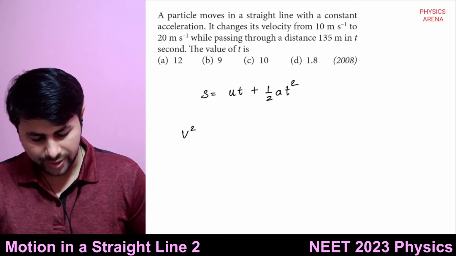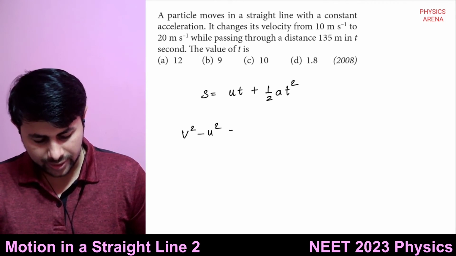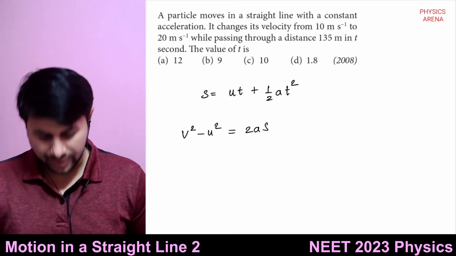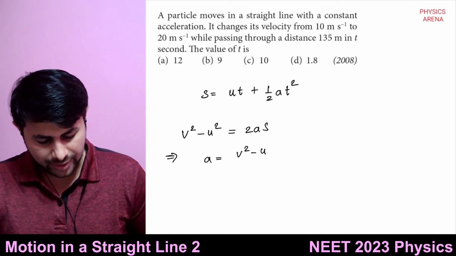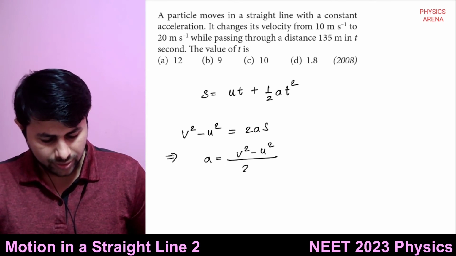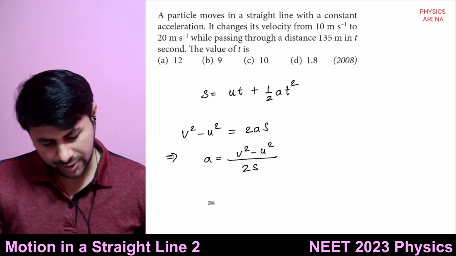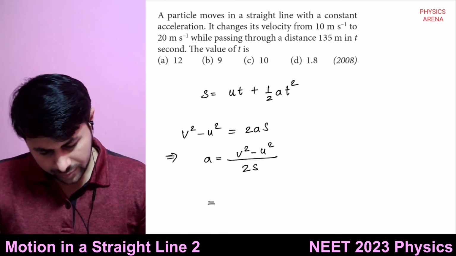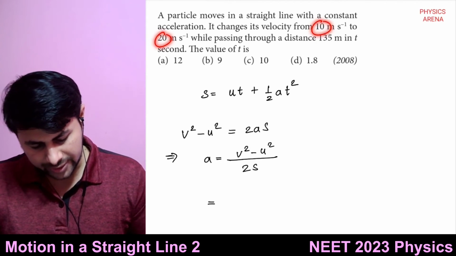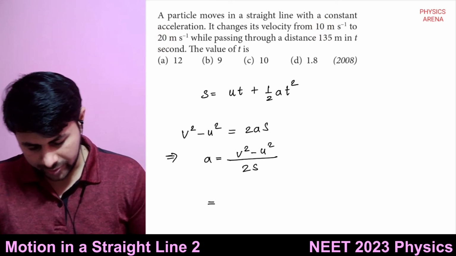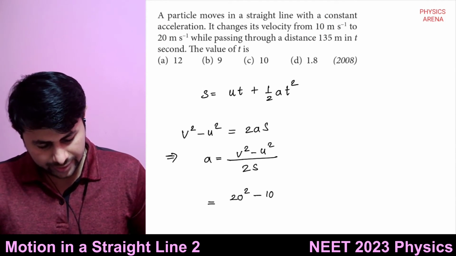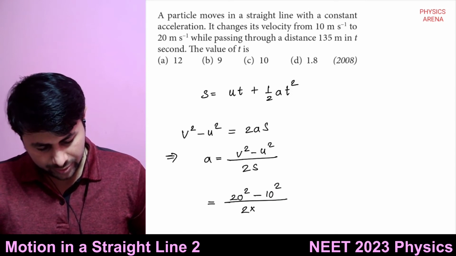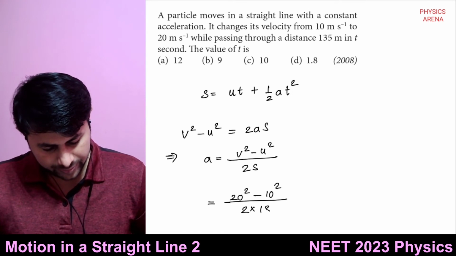So v square minus u square equals 2 times a multiplied by s. So that means I want acceleration, which is v square minus u square divided by 2 times s, and it is 20 square minus 10 square divided by how much? 20 square minus 10 square divided by 2 times 135.